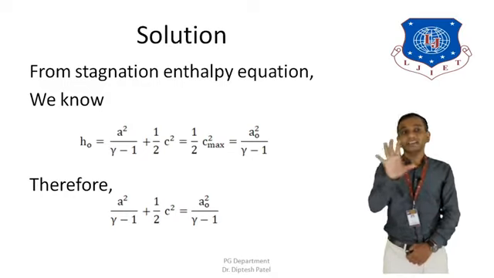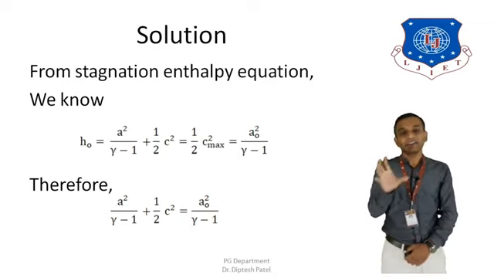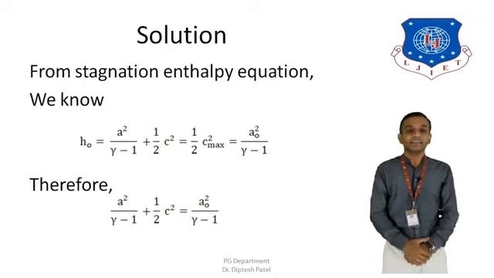So this is the stagnation enthalpy equation. Now using this equation, we can equate A square divided by gamma minus 1 plus 1 divided by 2 C square, which is equal to A0 square divided by gamma minus 1.